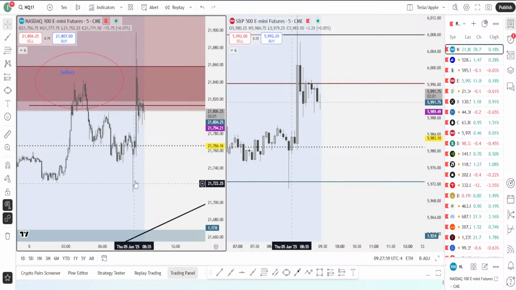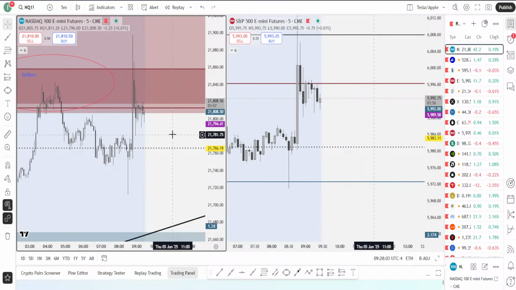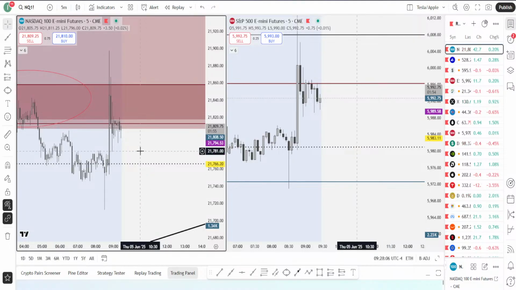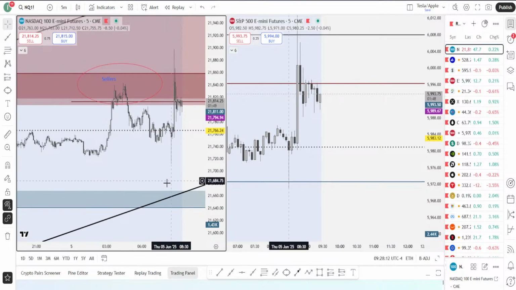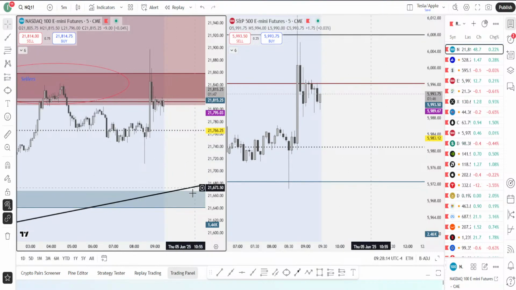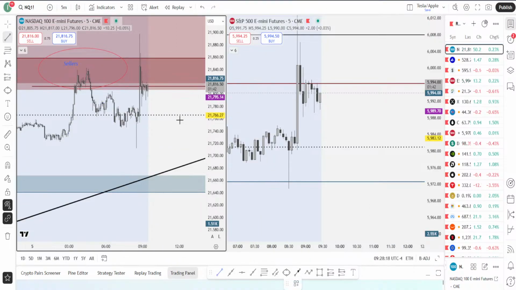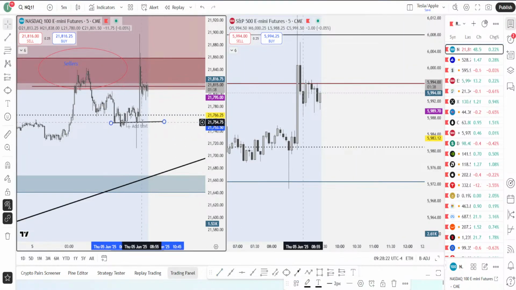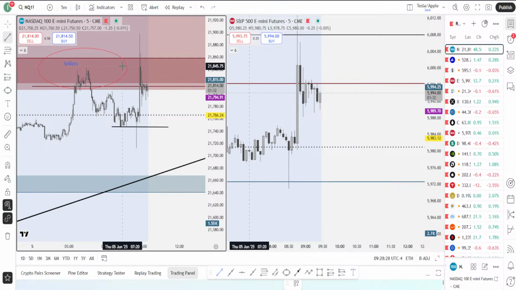Let's go ahead and mark just the most recent support, down here. And most recent resistance up here.